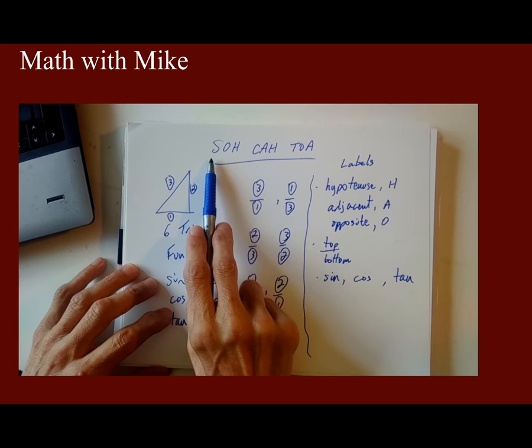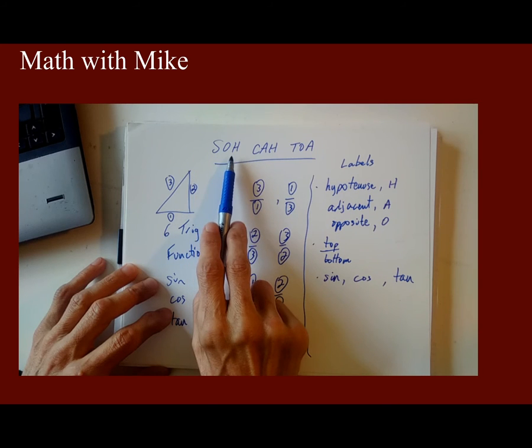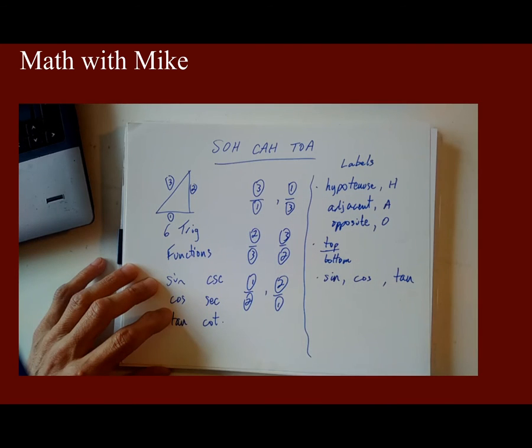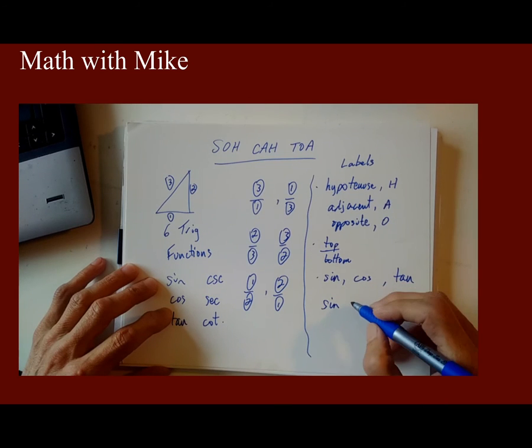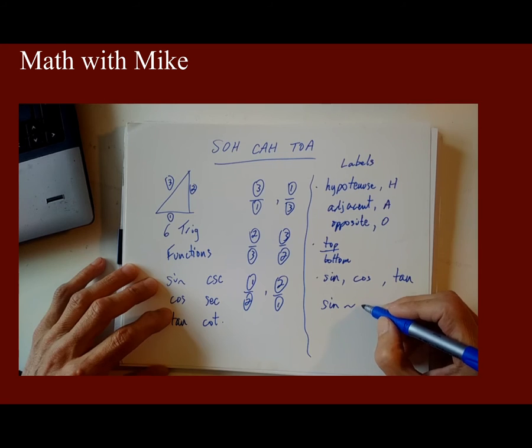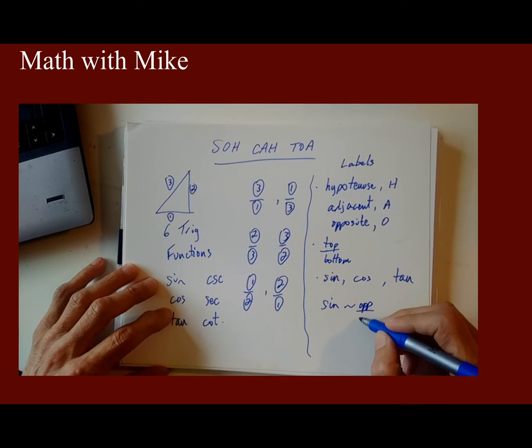So the trig, the top, and the bottom. So for sine, that fraction is going to be the opposite side divided by the hypotenuse.